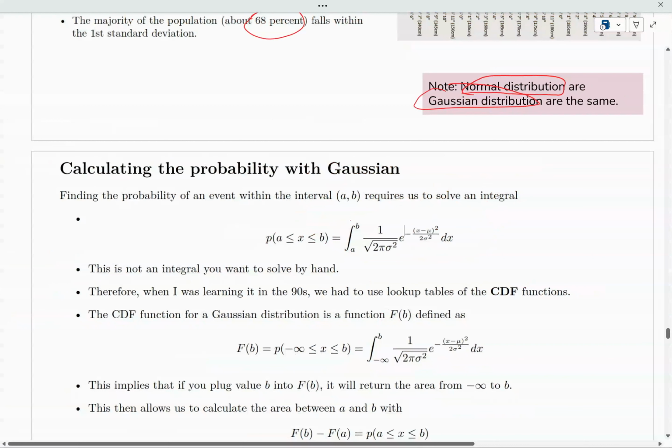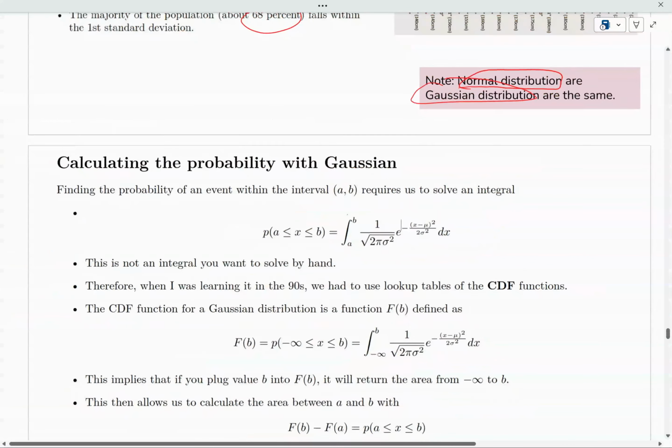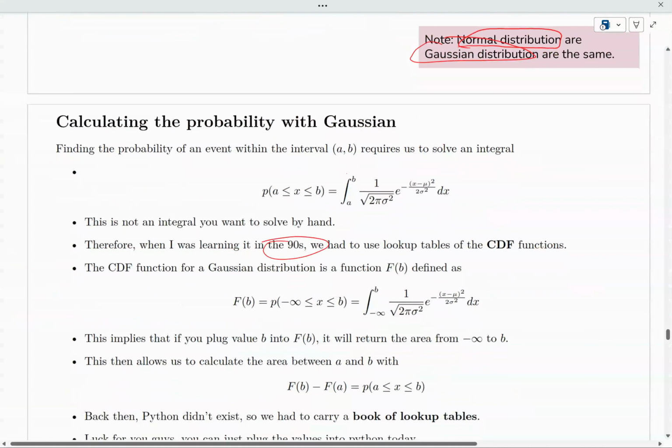So what we have done historically, or at least when I was learning Gaussian distribution in the 90s, we basically had lookup tables in a book. We had to go to a book and flip to the point of this CDF function.